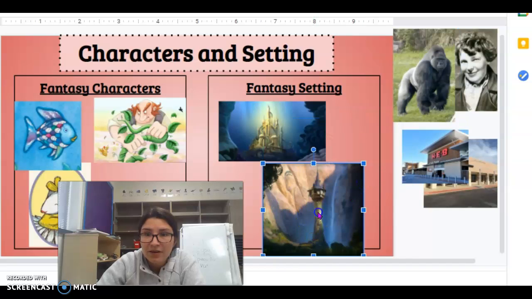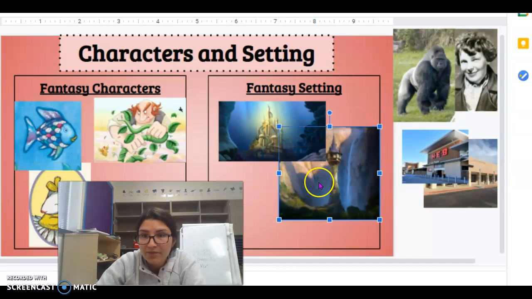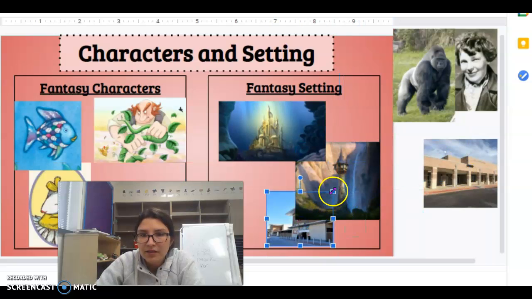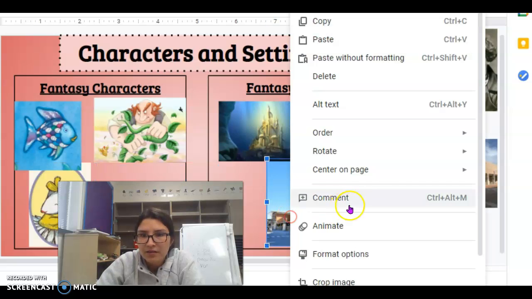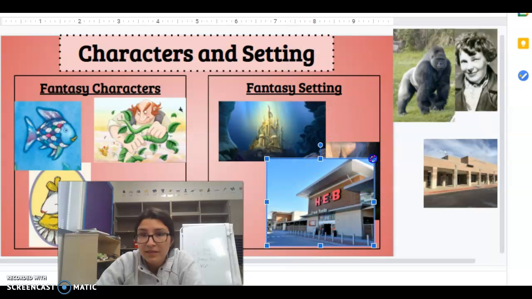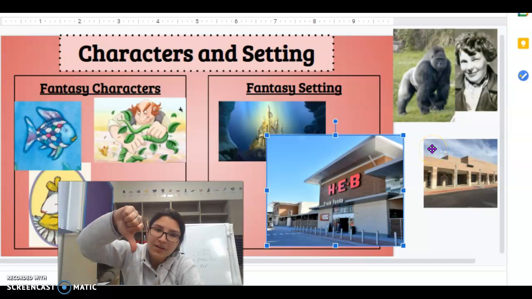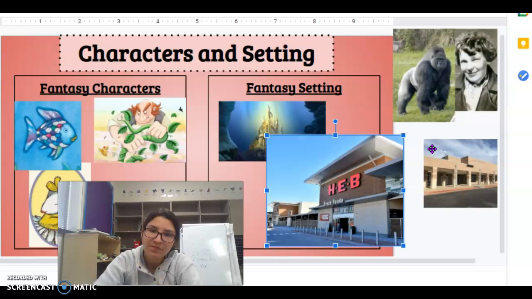It's in a different magical land, right? Made up land. All right, and then our last picture right here is a picture of H-E-B. Is H-E-B a real place? Thumbs down for real, thumbs up for fantasy. This is a real place, right?